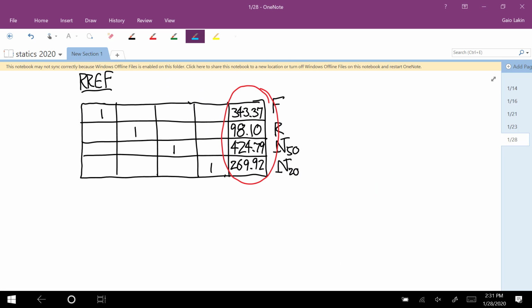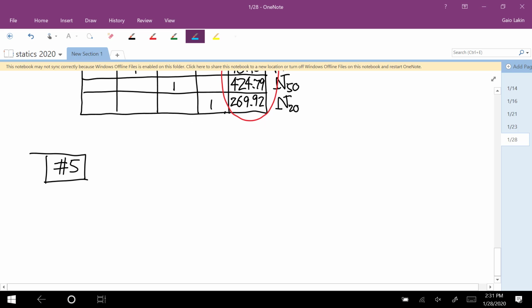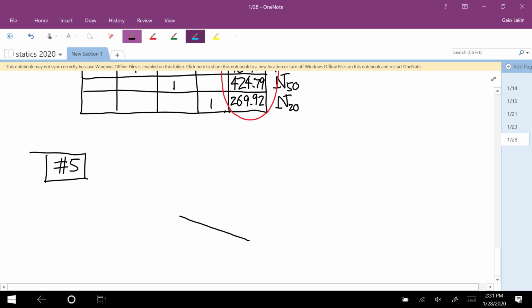All right, the other one I wanted to do is number 5. So this one, the angle is 20 degrees.